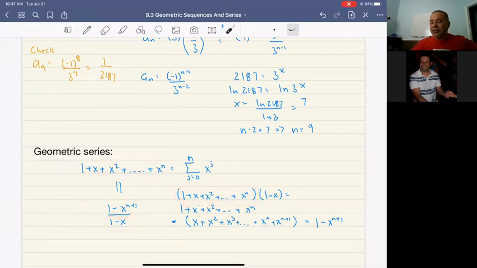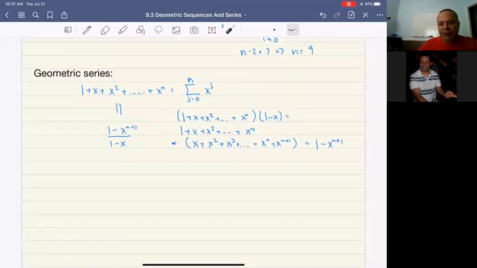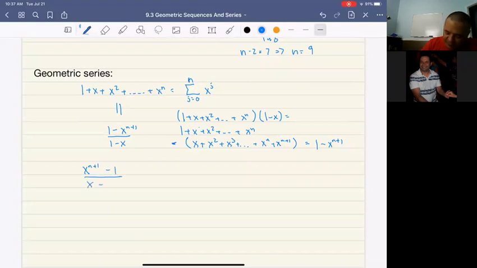There's another way to do it actually that I thought about, and that's involving doing the division. So if we do x to the n plus 1 minus 1 divided by x minus 1, that's also going to be the same thing, right? Because the minus, they both change signs. Okay, so let's do that.